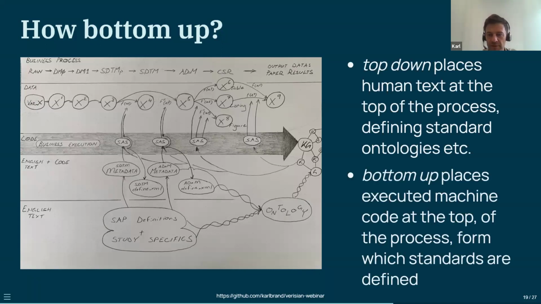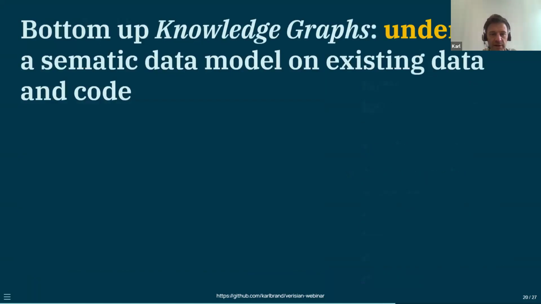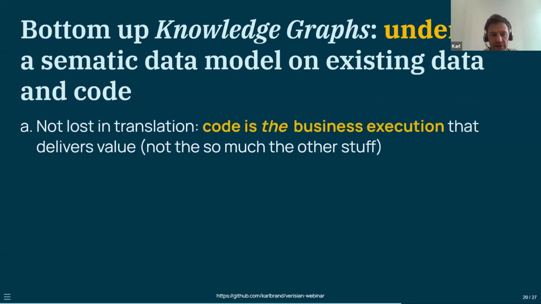So I've just described both of those points. And yeah, okay, so then the bottom-up knowledge graph will underpin a semantic data model for existing data and code.